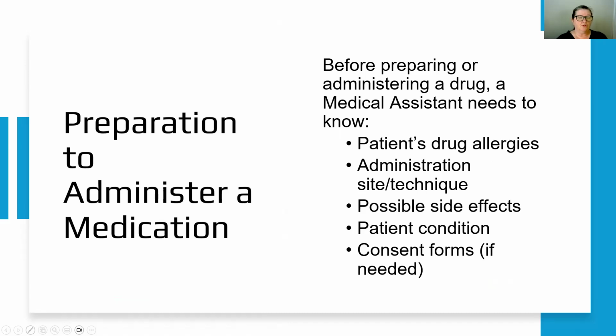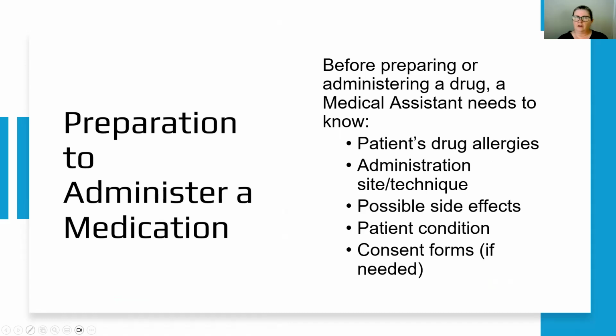You want to make sure that you know the administration site and the technique, which we'll talk about here in a little bit. Some possible side effects that could possibly occur even right after you administer the drug. Also, know the side effects that could happen later so that you can let the patient know. Make sure you understand the patient's condition.